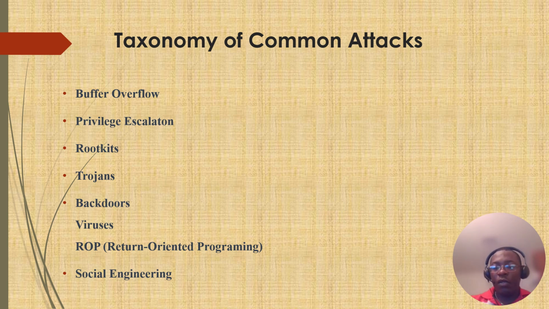That means the hacker creates his own SSH connection, a backdoor you cannot see. You have the virus, self-replicating malware infecting files. You have ROP, return-oriented programming, bypassing security via code reuse. And you have social engineering, manipulating users, for example phishing. Phishing is a social engineering attack.